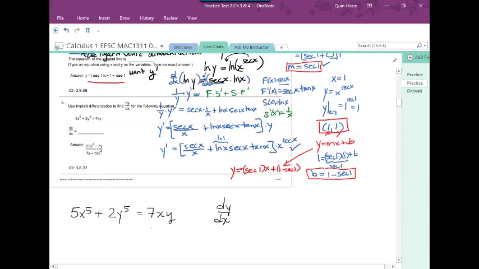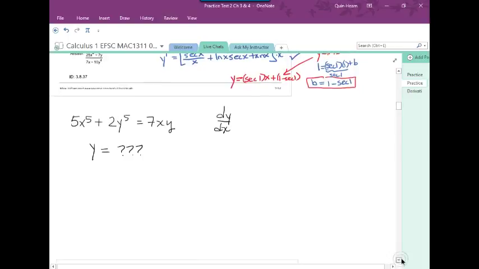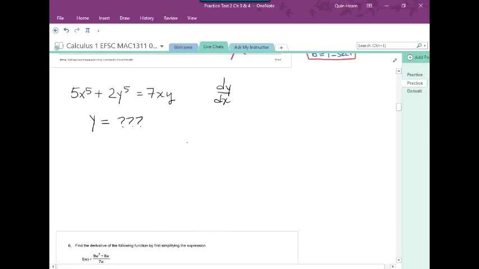So when we have a situation like this where we would really not be able to solve for y to get y equals something, then another alternative is to use implicit differentiation to find dy dx while the equation is still written like this. And the way that we do that is just to take the derivative of both sides with respect to x.